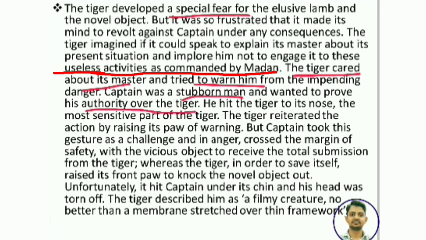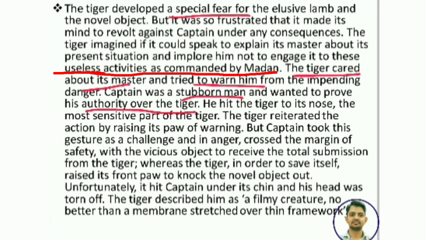The captain was a stubborn man and wanted to have full authority over the tiger. So the captain first hit the tiger on its nose. It was a sensitive place for the tiger, and it hurt the tiger a lot, and the tiger became angry.